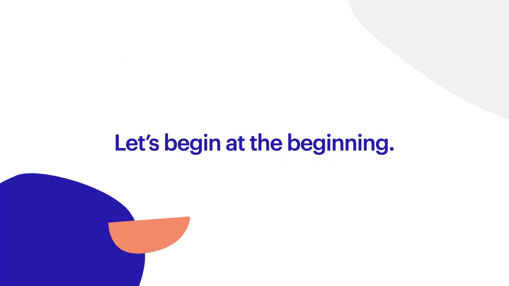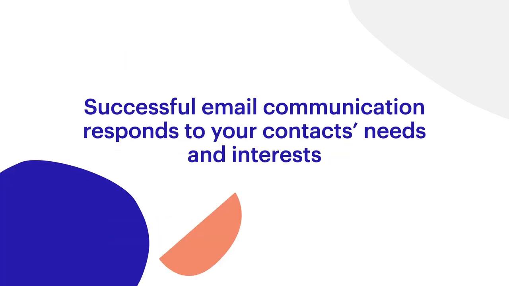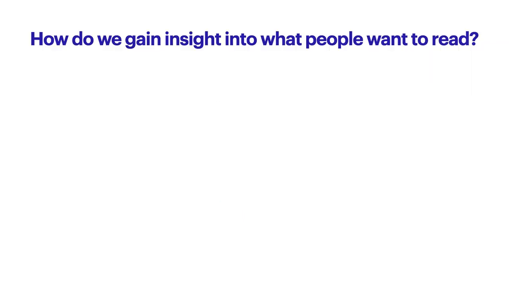So let's start at the beginning. According to us, successful email communication responds to your contact's needs and interests. And who knows best what those needs and interests are? Your recipient, of course. So how do we gain insight into what people want to read?